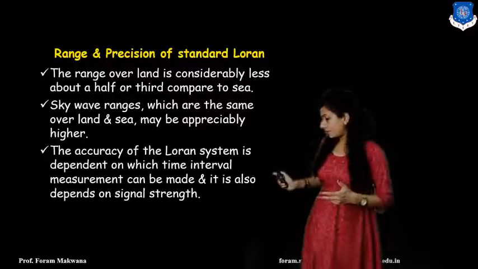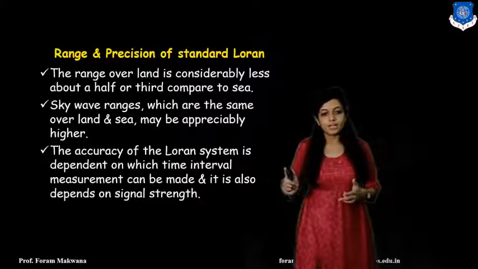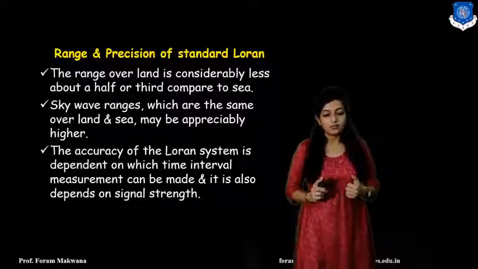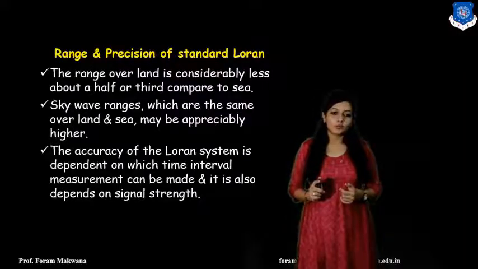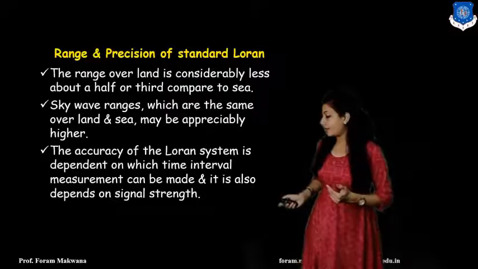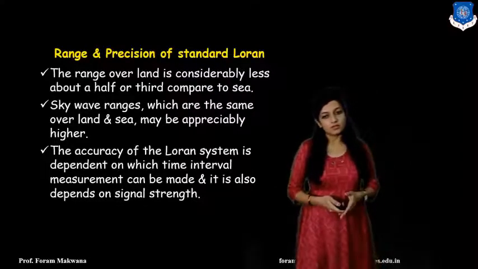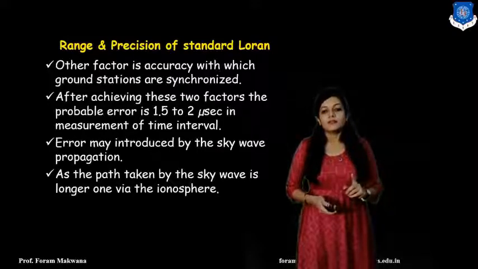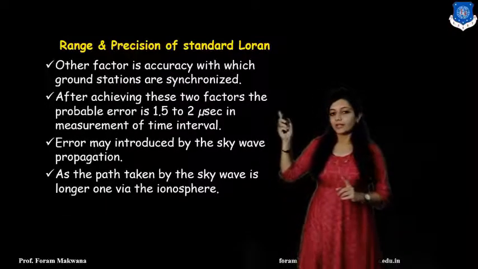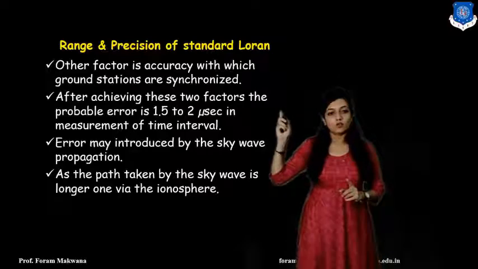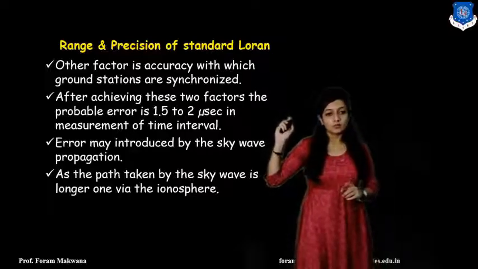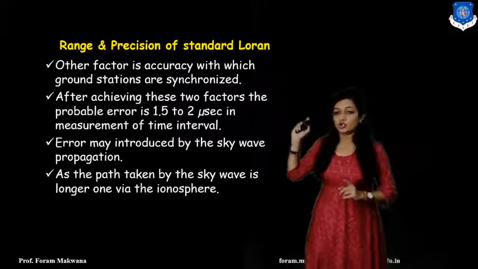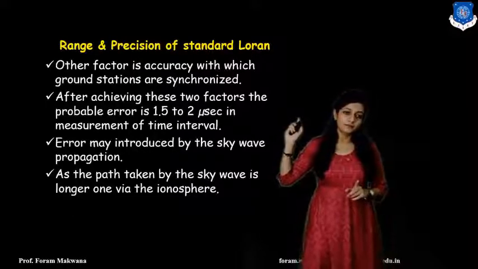So the accuracy of the LORAN system is dependent on which time interval measurement can be made. It is also dependent on the signal strength. The other factor the accuracy depends on is how the ground stations are synchronized.